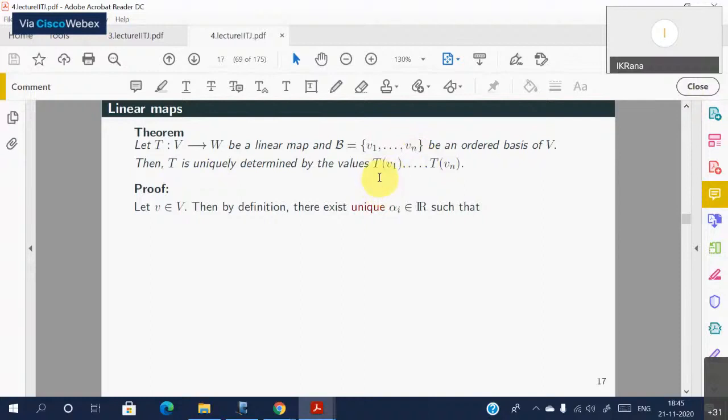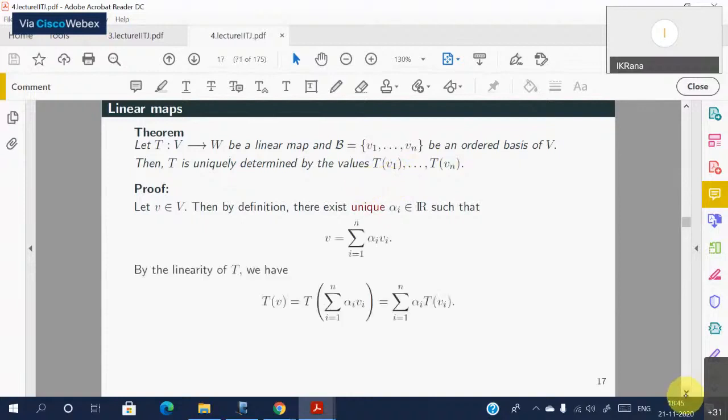If you know the images TV1, TV2, up to TVn, then you know this transformation everywhere, so your work is reduced. The reason is very simple: every vector is a unique linear combination of V1, V2, up to Vn. When I apply T to that unique linear combination, I get the linear combination of the images TV1, and so on.